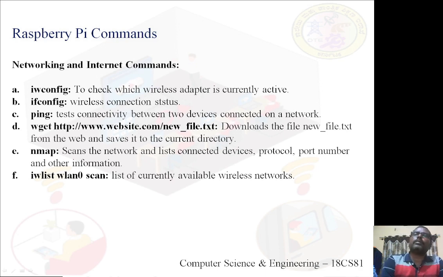Suppose I want to know currently available wireless networks, I can make use of the iwlist command. So this is about Raspberry Pi networking and internet commands.